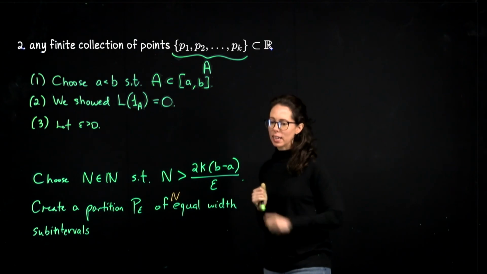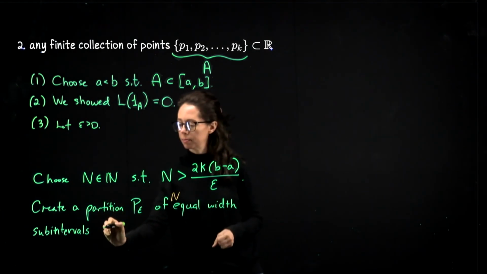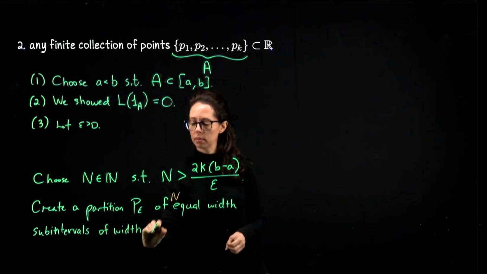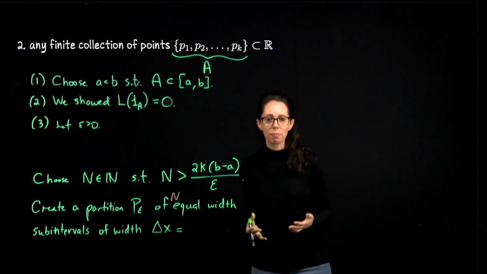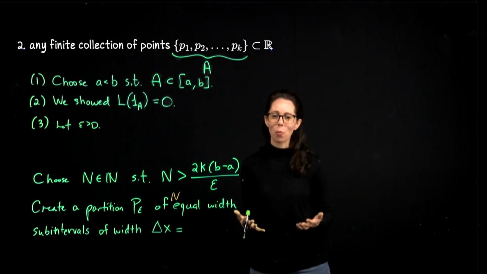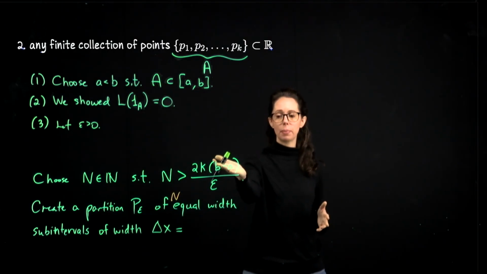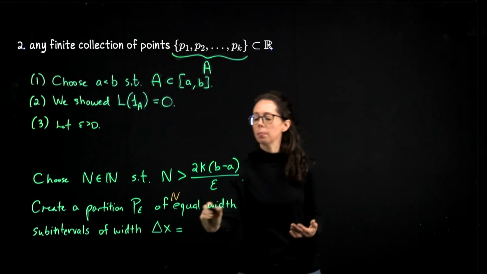So the N equal width subintervals will have the same width, so we can call that delta x. And how you do this, if you haven't created a partition in a while, is you take the width of your entire domain, so that's b minus a, and just divide it by the number of intervals that you're looking to create.